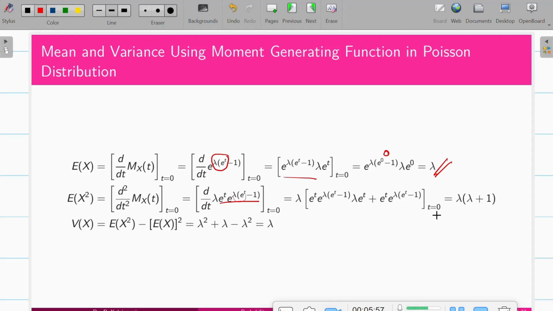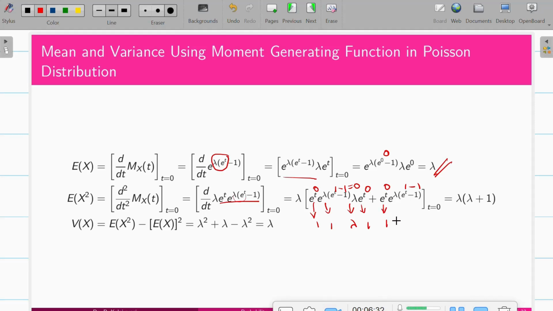So make use of t equal to 0. I'm just making t equal to 0, this will become e power 0, and this will become e power 0, that will become 1 minus 1, it is again 0. So anything times 0 vanishes, and here it is lambda, and it is e power 0, which is 1. So this becomes 1, this becomes 1, and this is lambda.